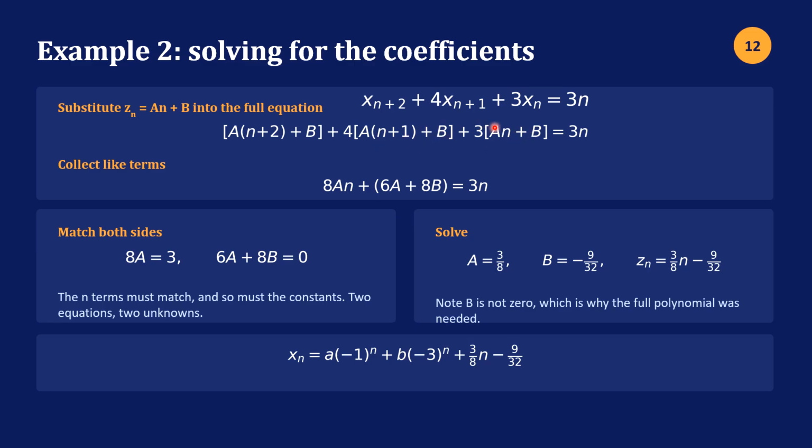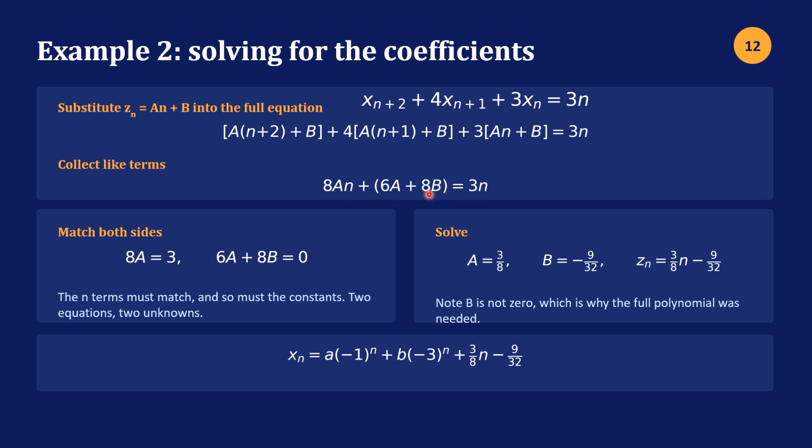Then this is just directly z sub n plugged in here. And then we accumulate all the like terms, so we get 8an plus, and then these are the constants, 6a plus 8b equals 3n.